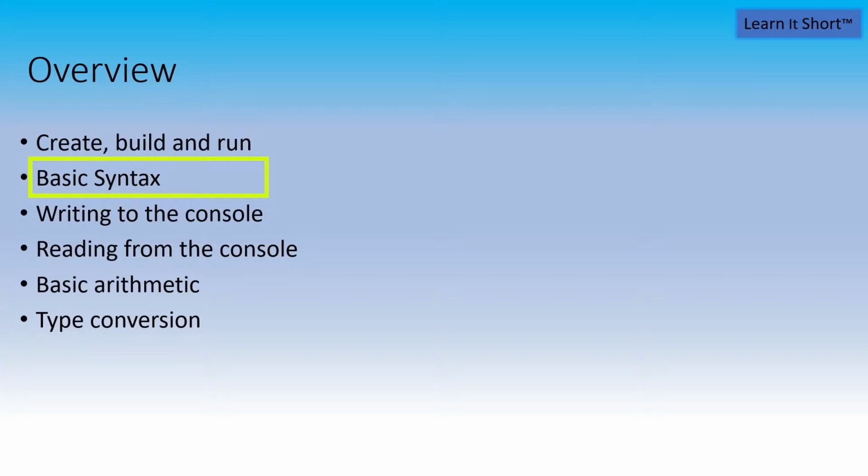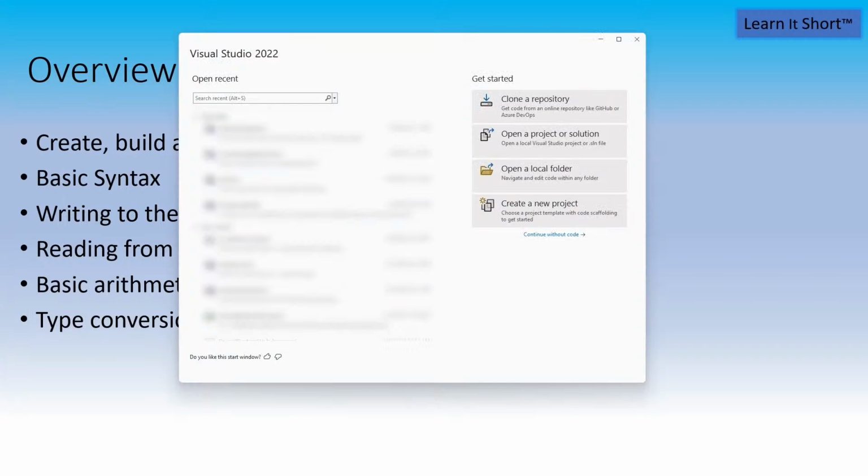We're also going to learn how to write basic information to the console, read some user input from the console, perform some basic arithmetic, and also that word type that we talked about last time, a little bit about type conversion as well. All right, let's start with Visual Studio Community.